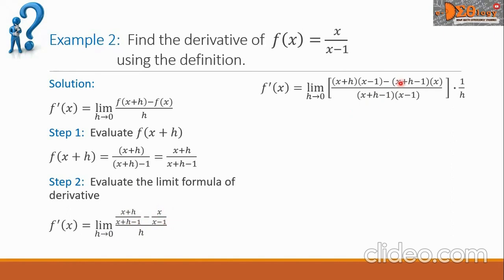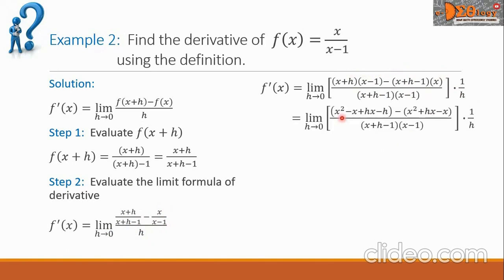So it will be like this. While the h in here, we will flip it up and we write here times 1 over h. Now, let us simplify our numerator by multiplying the corresponding factors.